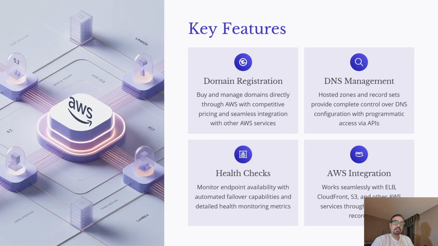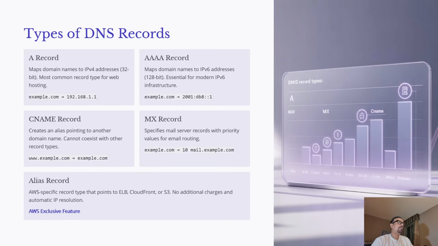Now let's explore the next types of DNS records that are supported in Route 53. First comes the A record, which maps a domain name to an IP address. For example, suppose I have an EC2 instance. On that EC2 instance, I have hosted my Amazon.com.